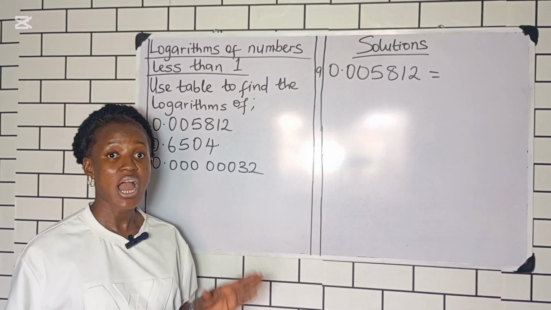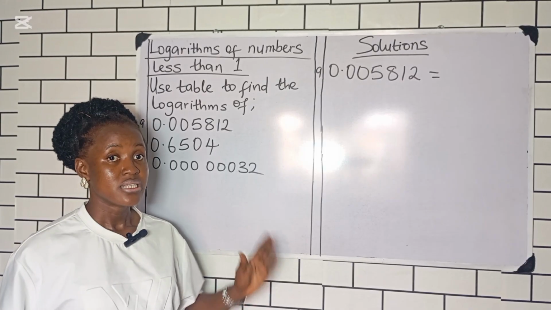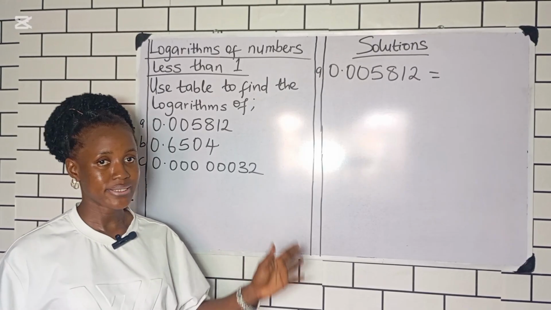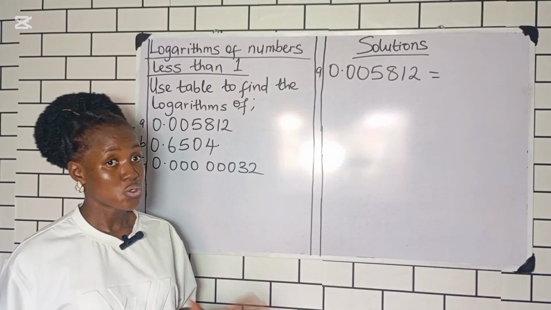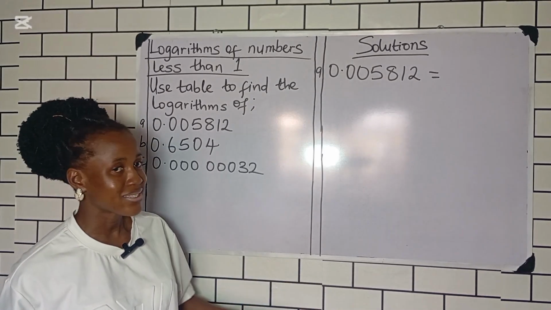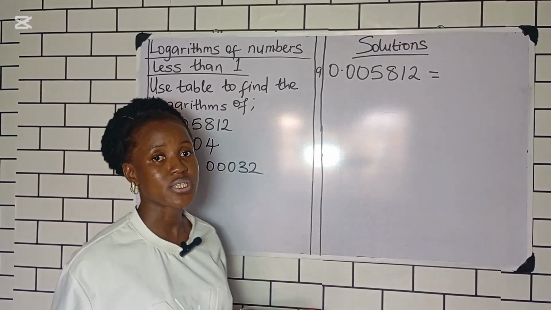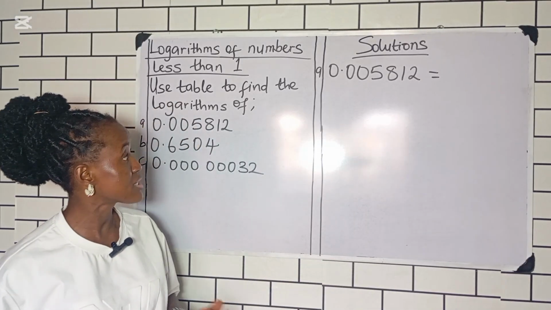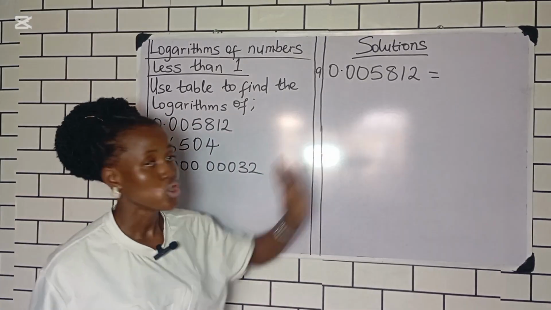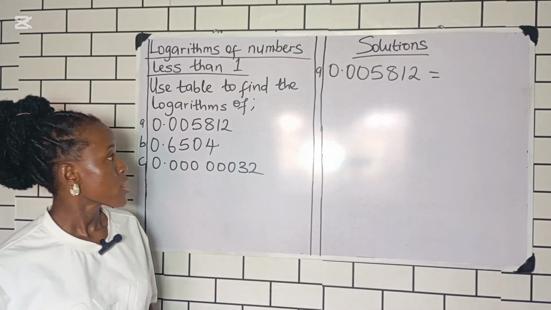And you know that we have 2 parts of a logarithm, the characteristic part and the mantissa part. Just like I told you before, the characteristic part is the power of 10 after converting the number to standard form. Therefore, we'll be starting with converting this number to standard form.